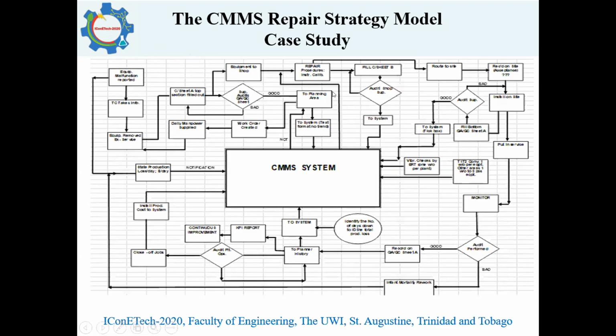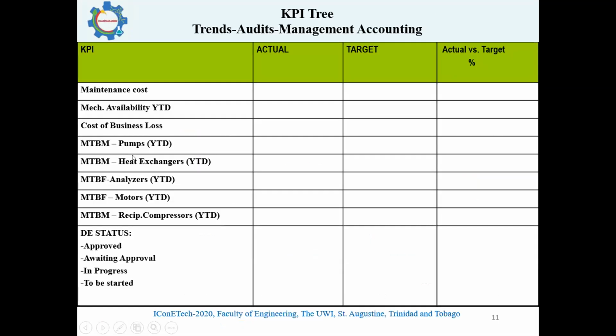When the repair is completed, the information is put back into the CMMS, and then the equipment is sent out into the field. Then the equipment is placed in service, the information is placed into the CMMS, and then you determine: is it good for service or does it need to be repaired again? If it is good, you then go into continuous improvement, do your KPI reports, etc. If it has to be returned, it has to go through the cycle again.